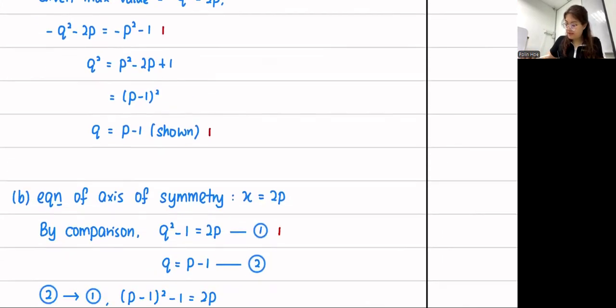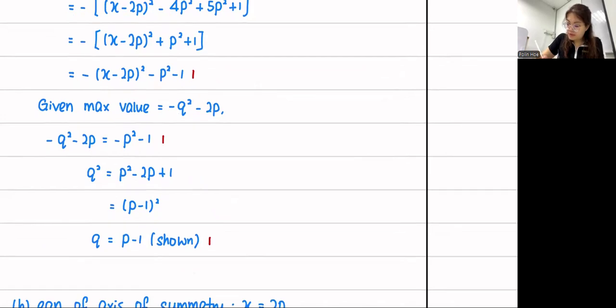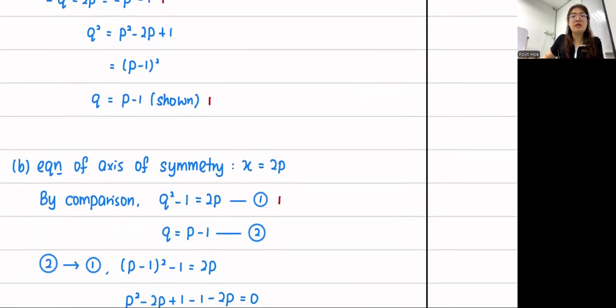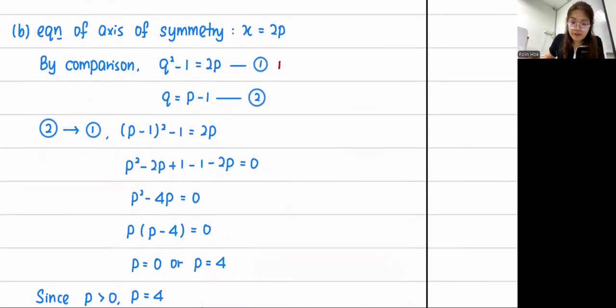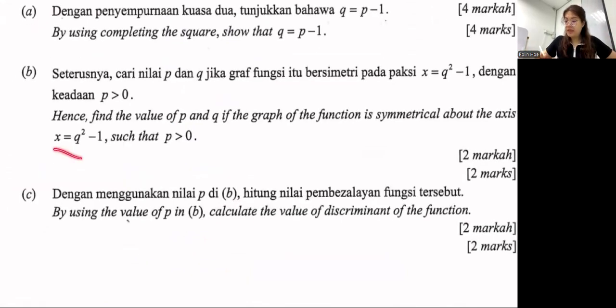So for the equation of axis of symmetry, from the completing the square form, x minus 2p equals 0, so x equals 2p. This is the equation of axis of symmetry, but you are also given the equation of axis of symmetry in the question: x equals q squared minus 1.